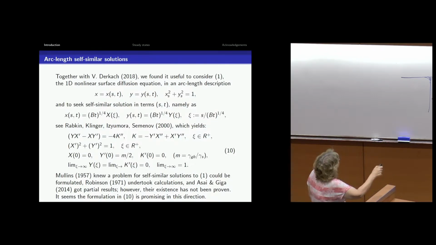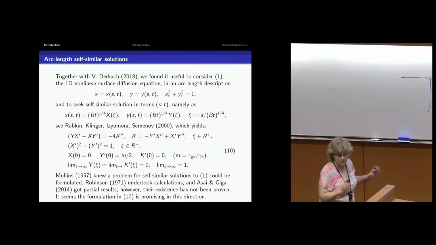So instead of U, we have this Xi, and this Xi is S, the arc length variable, over B to the T to the 1/4. Having done this, it has now appeared in this paper, Defect and Diffusion Forum Proceedings. Then it turns out that Rabkin, Klinger, and colleagues used it in describing pores.